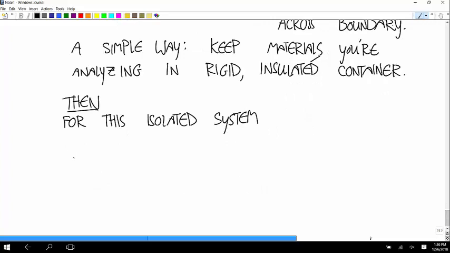And so the change in entropy of the isolated system is just equal to the entropy production, and that has to be greater than or equal to 0.